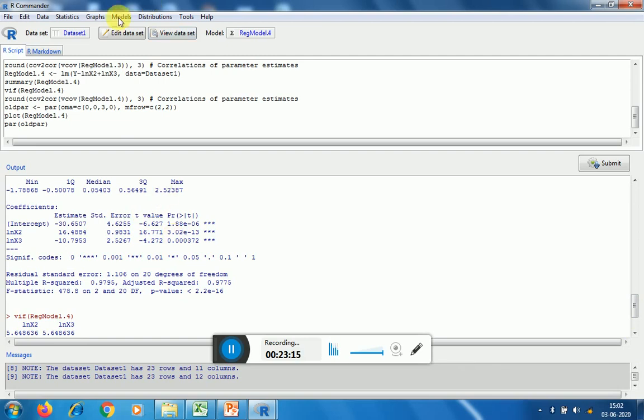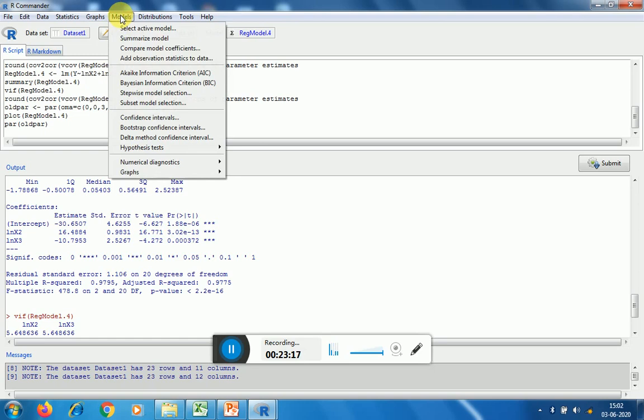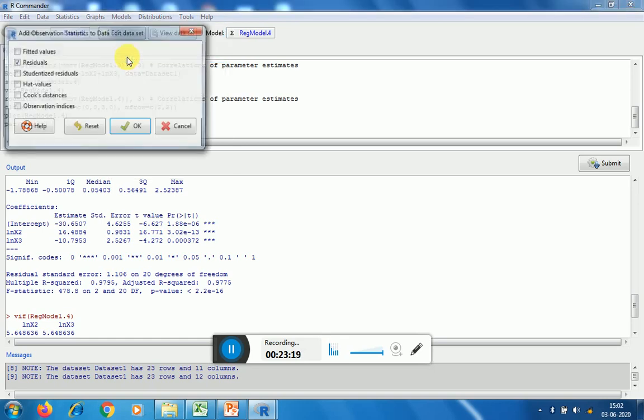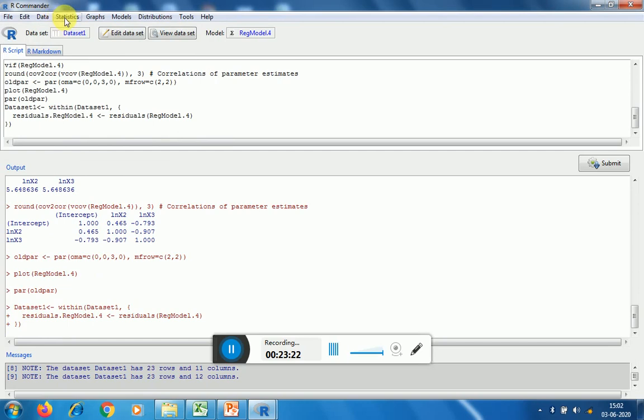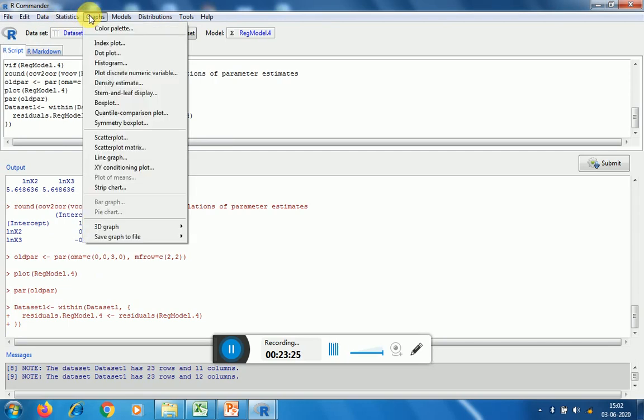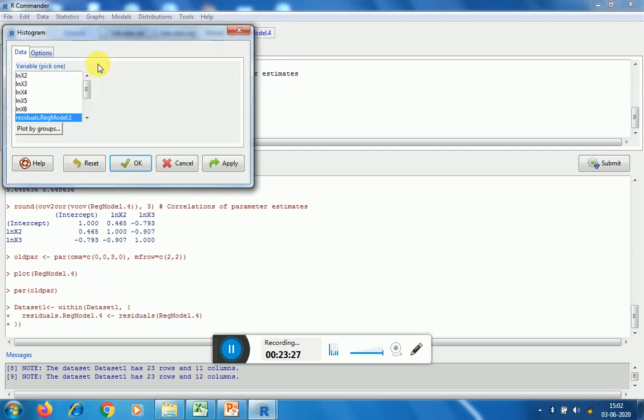And again we will do one more thing: add observation statistics to data. Then okay, we will calculate the residual. Let us check what happens to the histogram of this residual value.